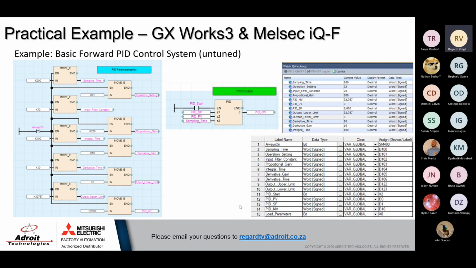Before I do that, I just want to mention one thing. Practically, PID control systems are traditionally set by user parameterization. So you as a user will add the parameters and you will keep an eye on the response time of your control system, and then you will fine tune it accordingly. With the FX5 PLCs, GX Works3, and also the iQ-R PLCs, and I think some of the more advanced GX Works2 PLCs, your Q series and so on, you can include auto tuning.